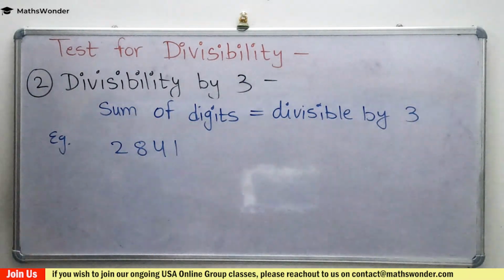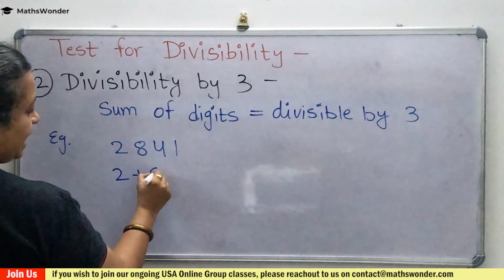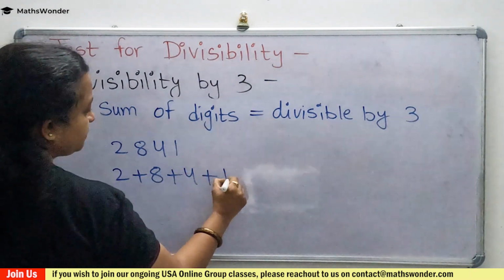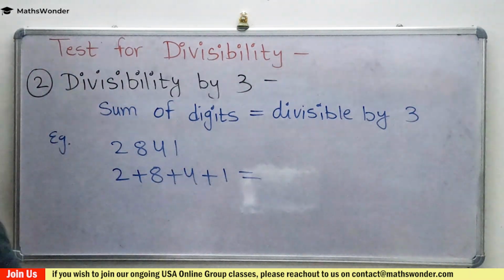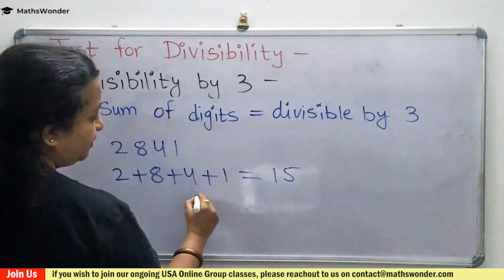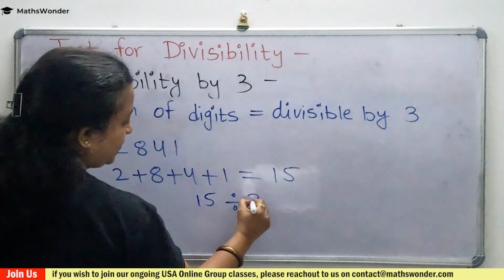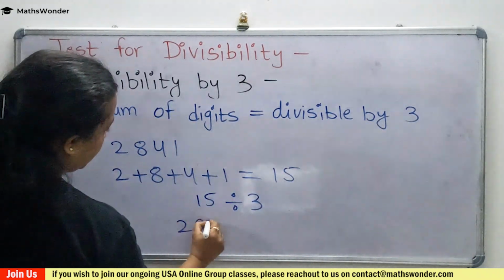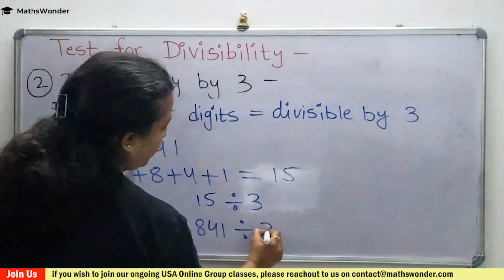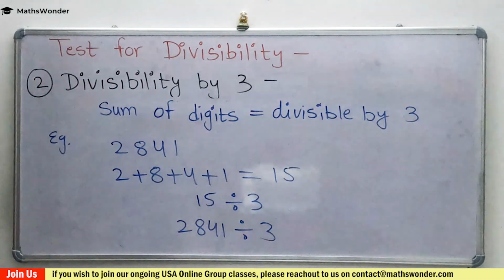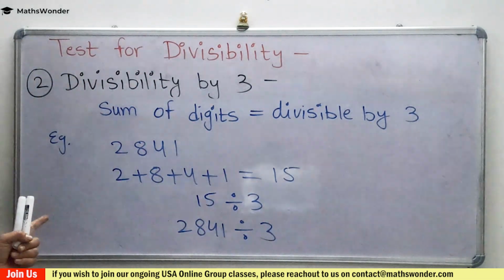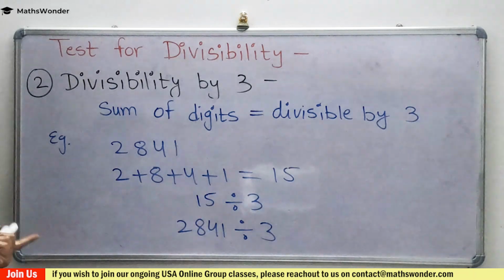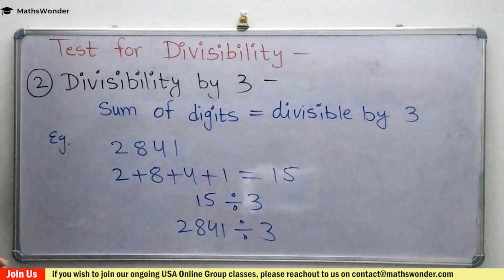Your digits are these. You will add them: 2 plus 8 plus 4 plus 1. When you add, you will get 15. Yes, 15 is divisible by 3. That means the whole number 2841 is also divisible by 3. Clearly, 15 is divisible by 3. Hence, 2841 is divisible by 3.